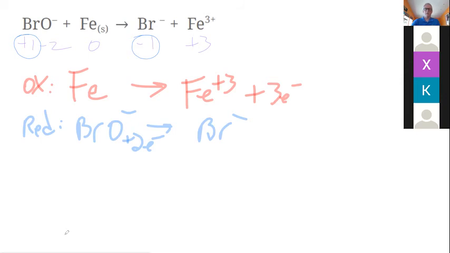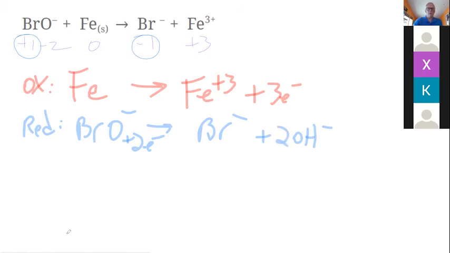Okay, 3. Add up the charges. What's the total charge on the reactant side, on the left? -3. So what's the charge on the right now? -4. Ooh, so it would be 2 instead, right? So we need only 2. So we'll change that to a 2.